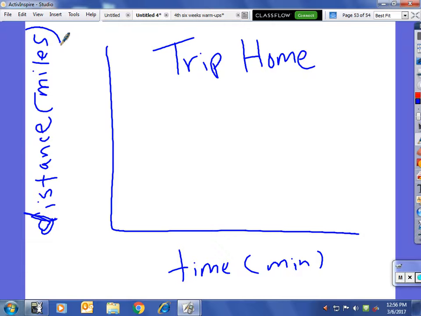What's the highest time value that makes sense? 36, because that's when he got home. So our domain values go from 0 to 36. What do we want to count by? 6s. Okay, 6s. We can do that. 6, 12, 18, 24, 30, 36.